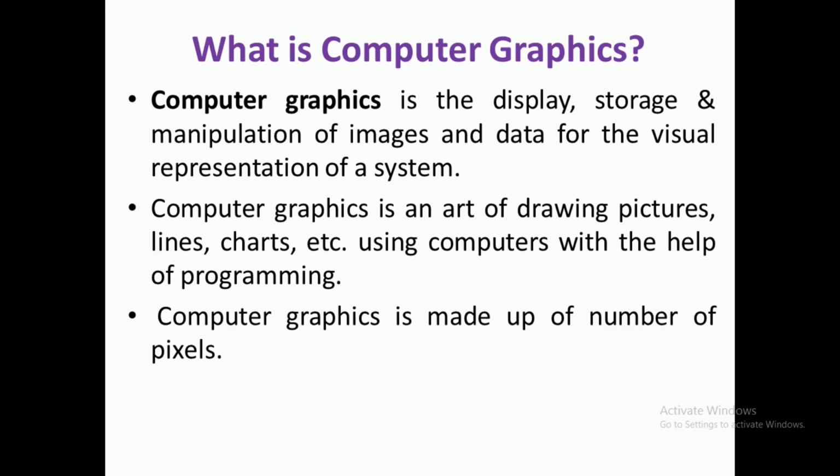That one dot on a monitor is called a pixel, right? That's why whatever images you are generating from computer graphics are all made up of a number of pixels. Like this, we define computer graphics. Depending on which type of user is using computer graphics, they will define it in their own experience, right? This is all about computer graphics.